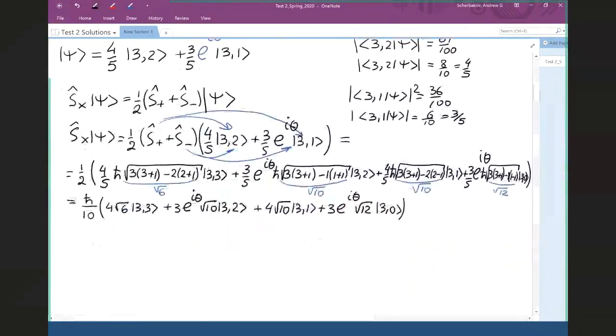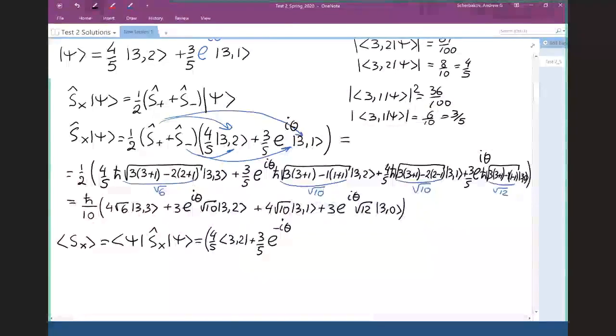Now, what is the expectation value of Sx? It's just the sandwich made with Sx, so whatever I just calculated, I need to multiply by psi bra. So that will be 4 over 5 <3,2|, making the bra out of the ket that we have here. Obviously, I'm going to complex conjugate the relative phase.